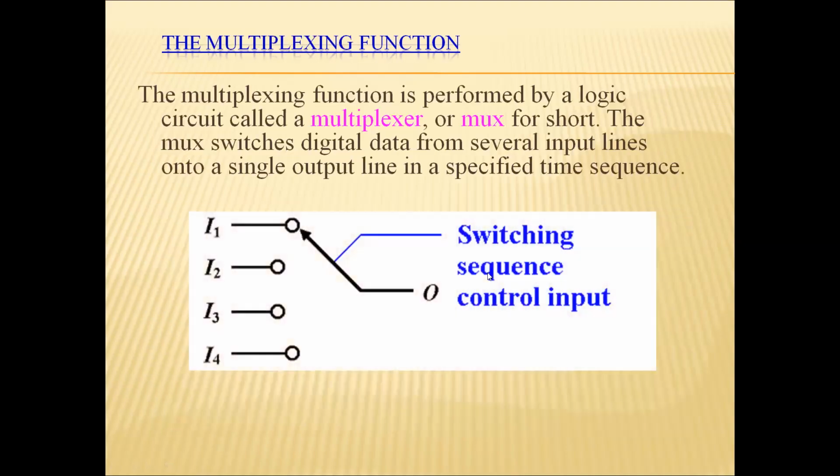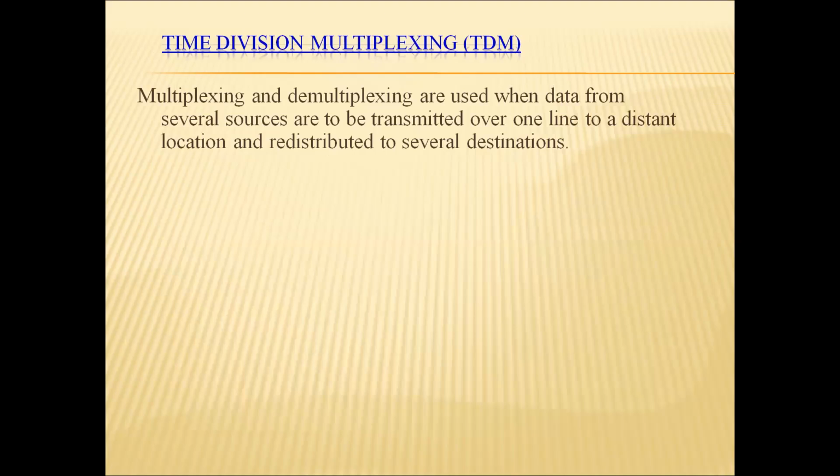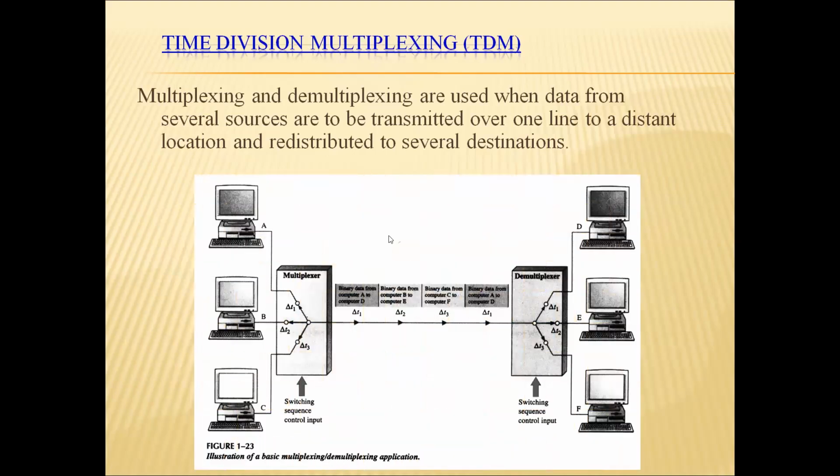Now next is the multiplexer. Among a lot of signals, you are able to select any of these inputs. So this is an example of a multiplexer. Demultiplexer, reverse. Now comes TDM, time division multiplexing.